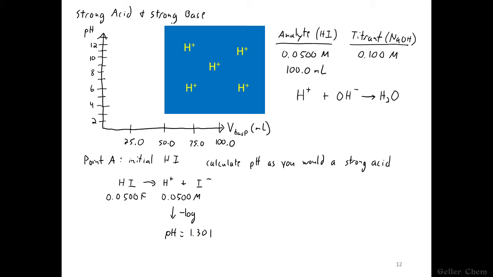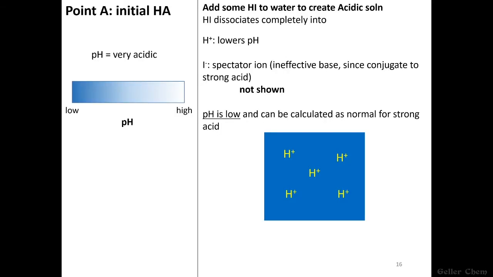So let's add that point to the titration curve. We have added 0 volume of base, and we have a pH of about 1.3, and we'll label this point A.